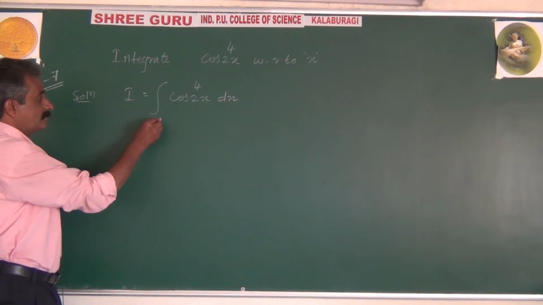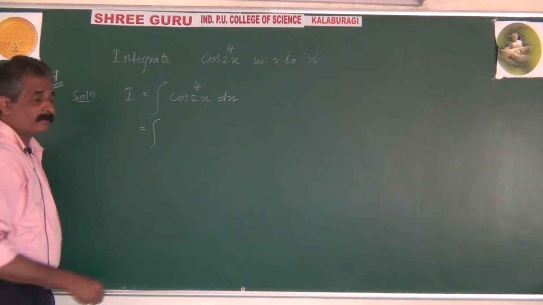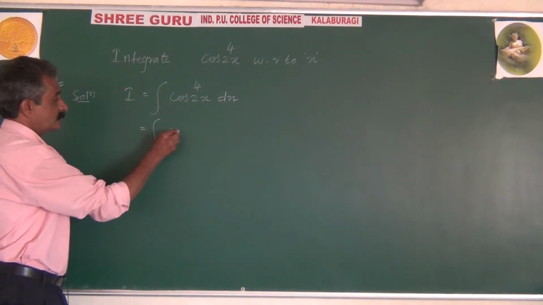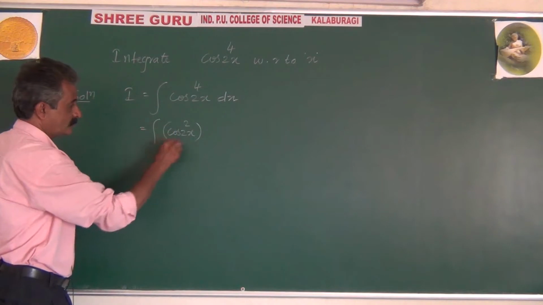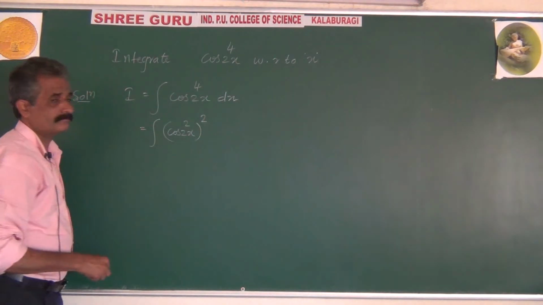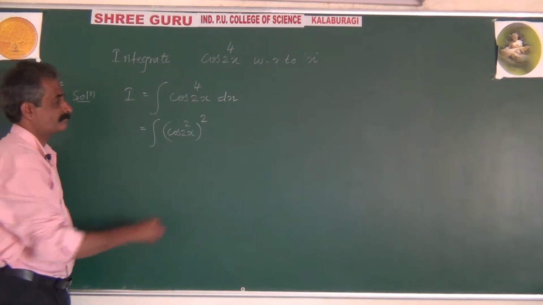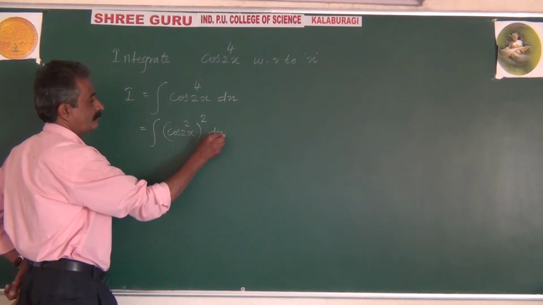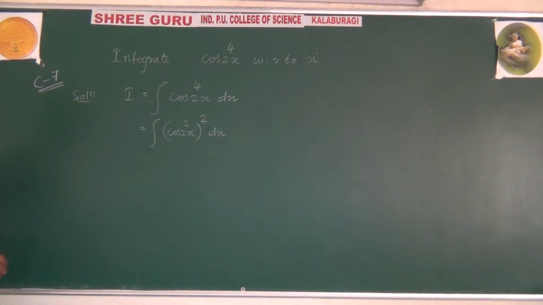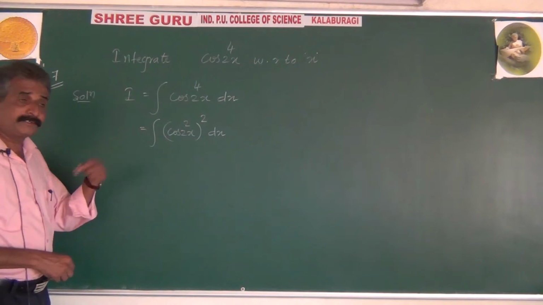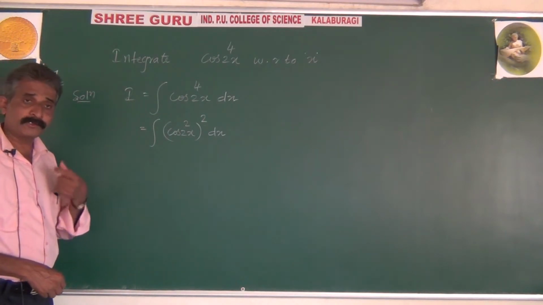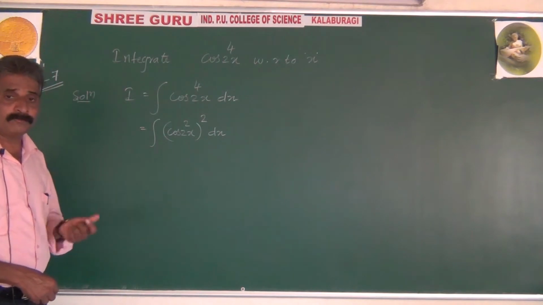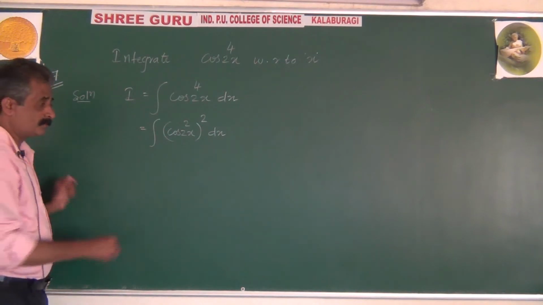Before that, cos 2x power 4 can be written as cos 2x square and whole square. Next, we have a formula for cos square theta in terms of non-power. The cos square theta formula, not containing a power, is 1 plus cos 2 theta by 2.